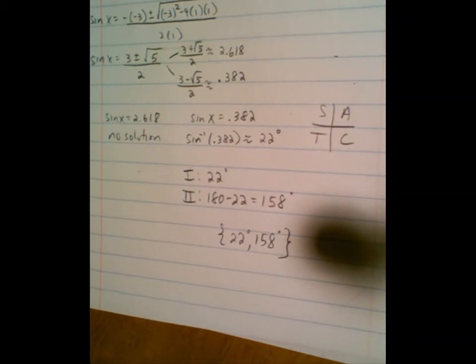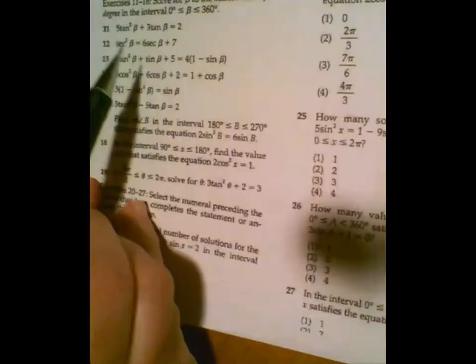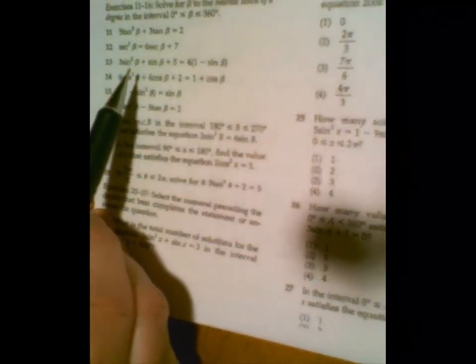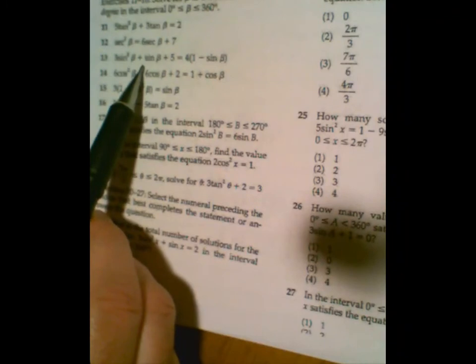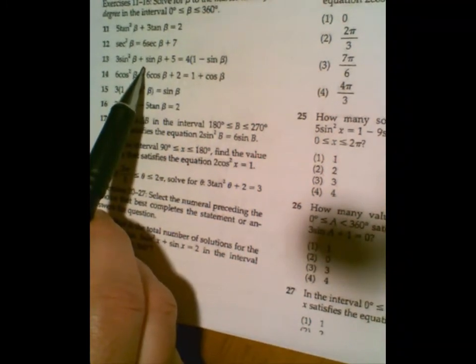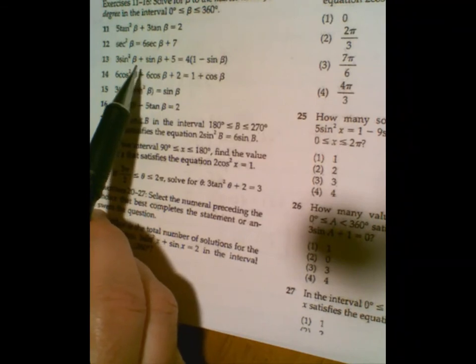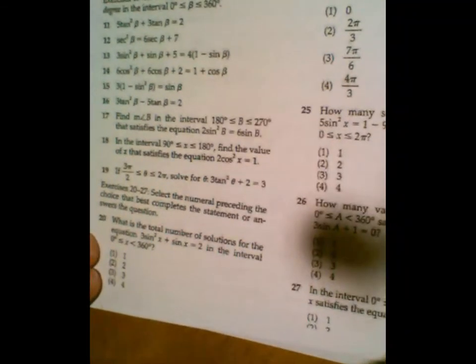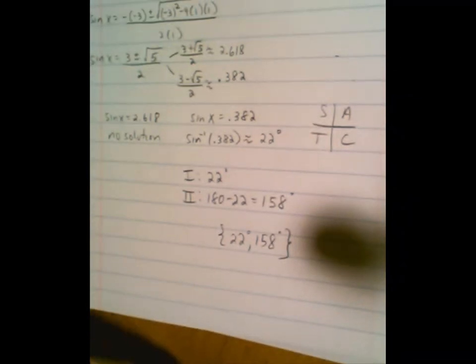But anyway, so here is number 13, the one on the same handout, on the exercise part, number 13, right here. This one is a quadratic formula one as well. And I'm going to just put up the answer if you want to look at it, just so you have it over here.